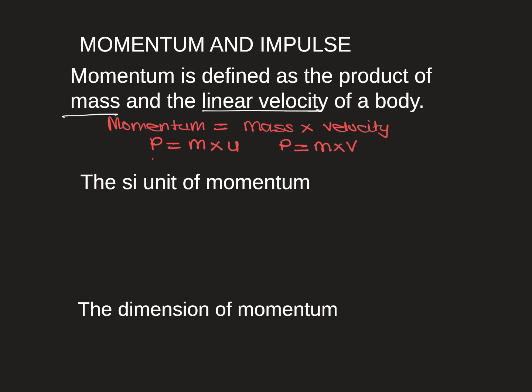Okay, so P is equal to mu or P is equal to mv. So momentum is when you multiply the mass of an object with its velocity. u is the initial velocity, v is the final velocity. All right?